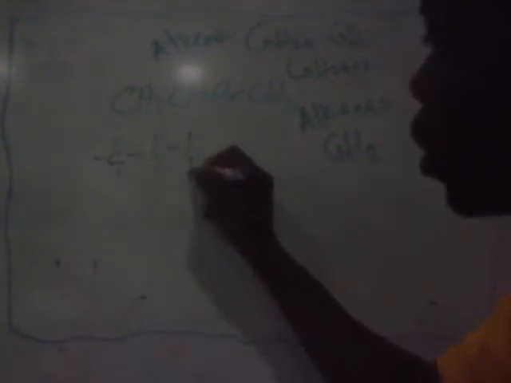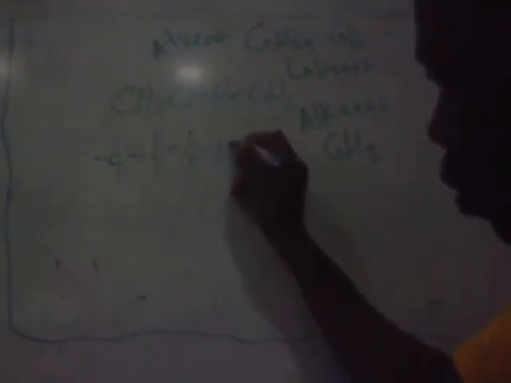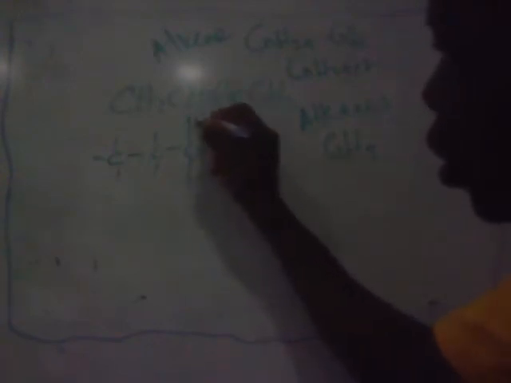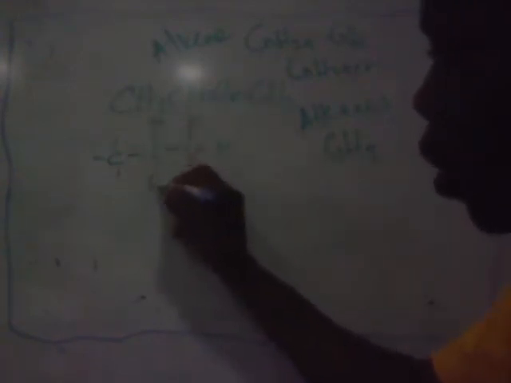So that's 3 carbon atoms: carbon 1, 2, then carbon 3, with hydrogens attached. So this is C3H8.